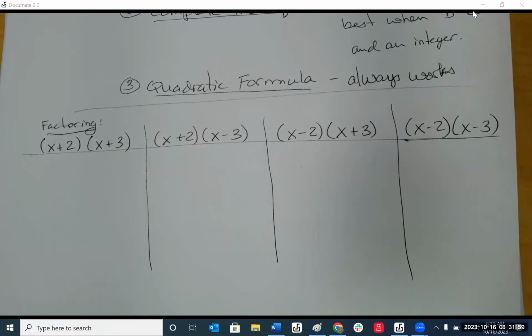Positive times negative is negative. 2 times 3 is 6. Combine like terms. Negative and positive: since 3 is bigger and it's negative, the answer is going to be negative. 3 minus 2 is 1, so x squared minus x minus 6.